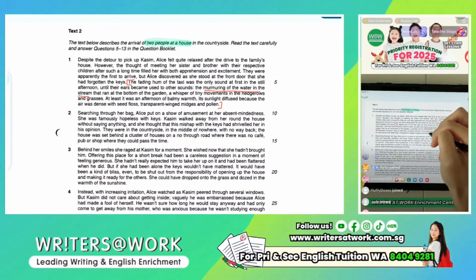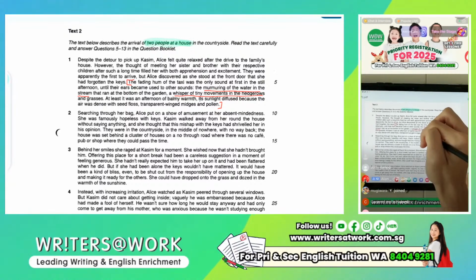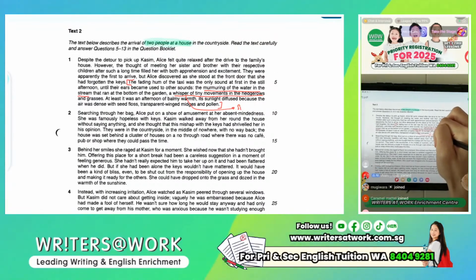Then you see there is the whisper of tiny movements in the hedgerow. So whisper is also a human attribute, but you're looking at the animals and plants trying to whisper. Okay, so for those of you who are unaware, whisper means you speak softly using one's breath.